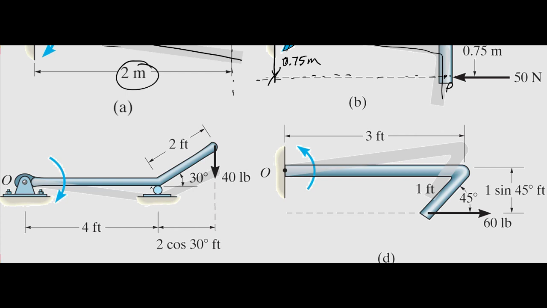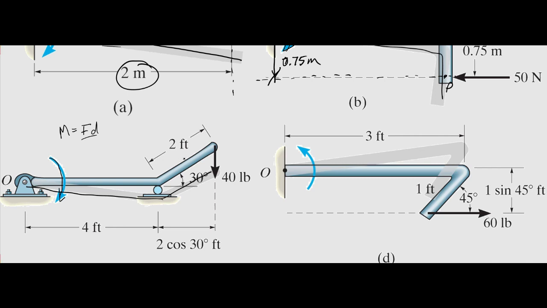So let's just calculate the moment is equal to F times D, and D has to be a perpendicular direction in this case. So we already know the sense of the moment is this way, because it would tend to move the beam this way, so you can see how that's going to rotate this member.